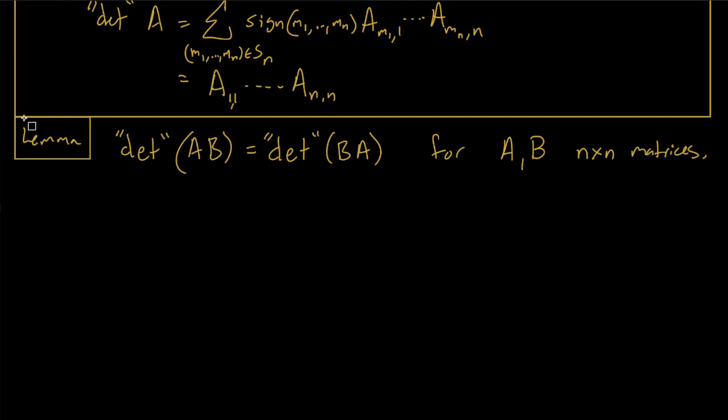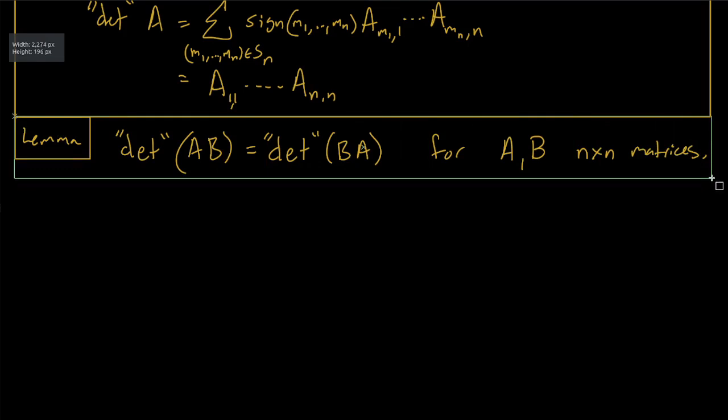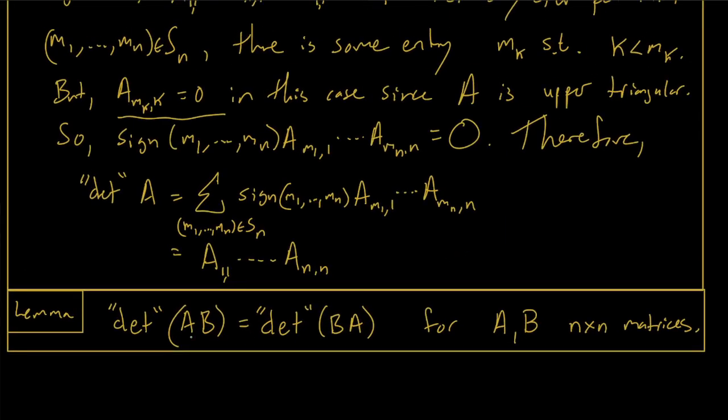So the claim here is that the determinant, quote-unquote, does not care about the order of a product. Now why is this true? Well, here's the easy way to think of it. In AB, you're going to get the entries of this matrix by going across the rows of A and down the columns of B, while in BA, you'll go across the rows of B and down the columns of A.